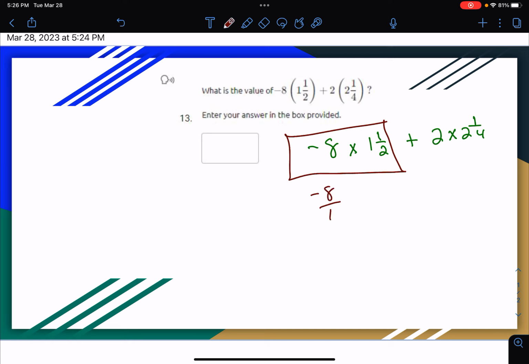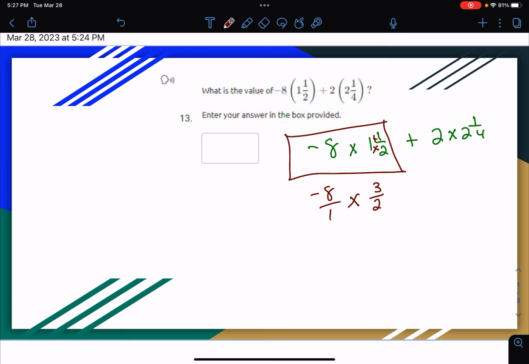So I'm just going to take that and put it over 1. And then in order to multiply times 1 and 1/2, I am going to turn that into an improper fraction by using Texas. So 2 times 1 is 2 plus 1, 3. So I have a -8 over 1 times 3 over 2.